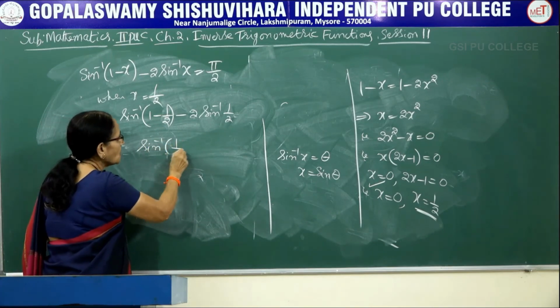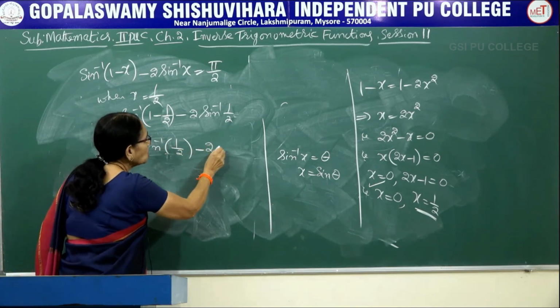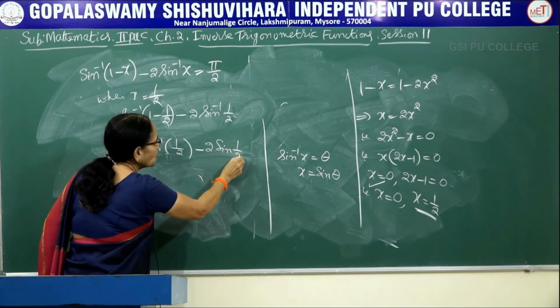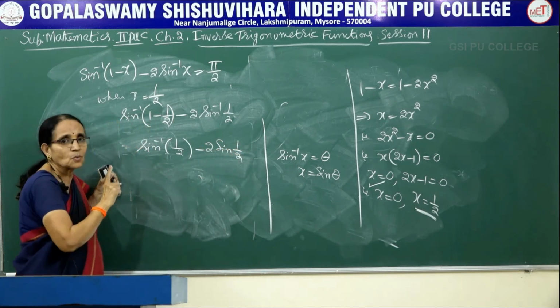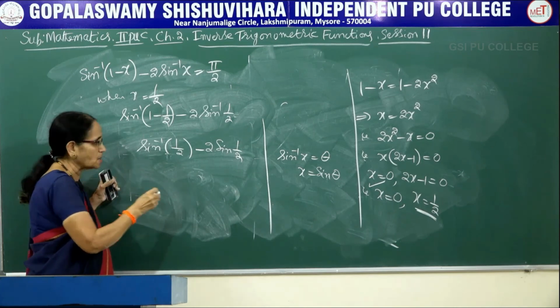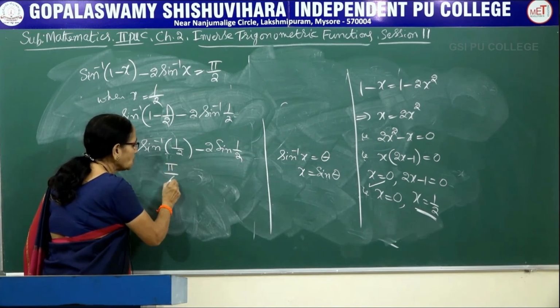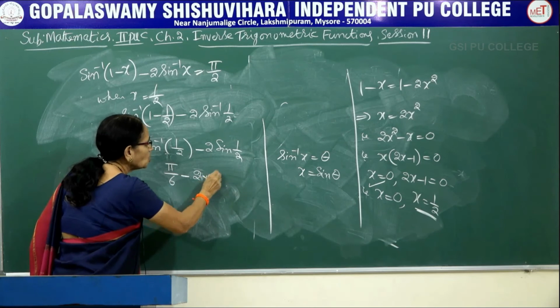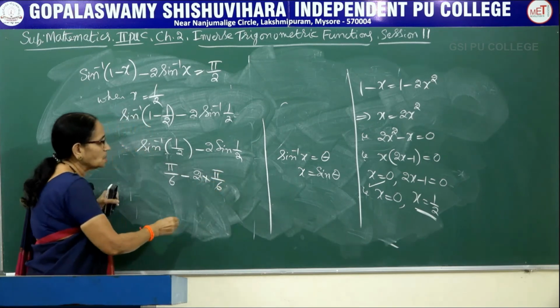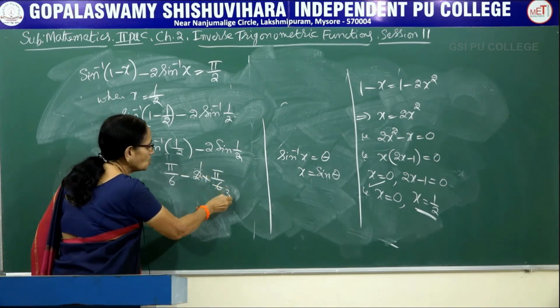Sin inverse of half minus 2 into sin inverse of half. You know that sin inverse of half is a standard value, 30 degrees. I can write pi by 6 minus 2 into pi by 6.